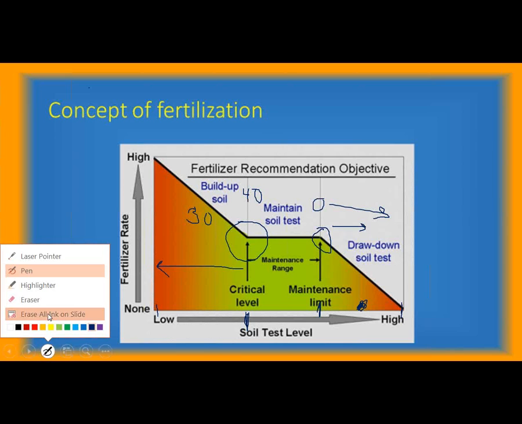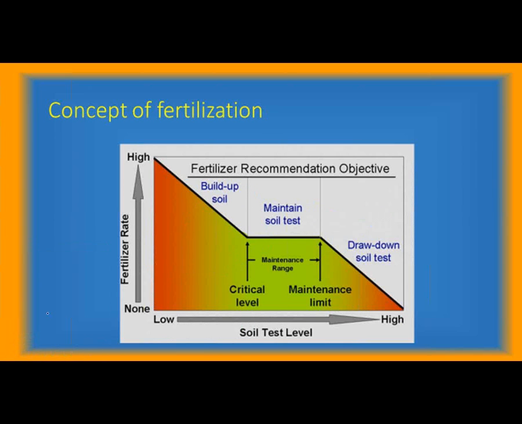Next question, when you gave us the P and K amounts to raise soil test levels, do we have to add removal on top of that, or is it included? Very good. Great question. I'm glad I've still got this graph up here. Okay, so let's look at this again. Everything to the left of the critical level, where it says build up soil, not only do you build up soil, but you also do the maintenance amount.